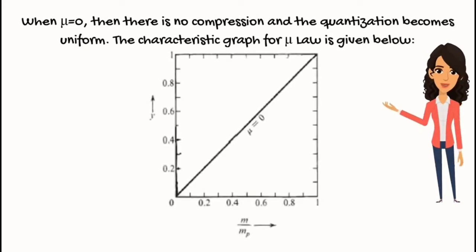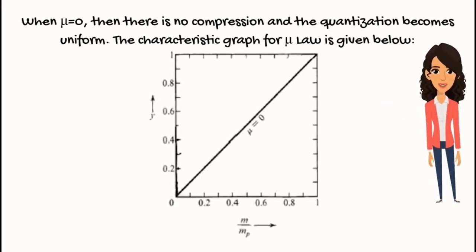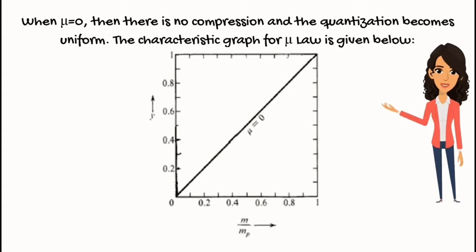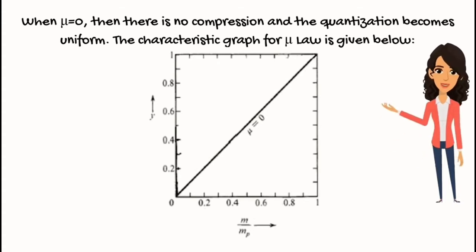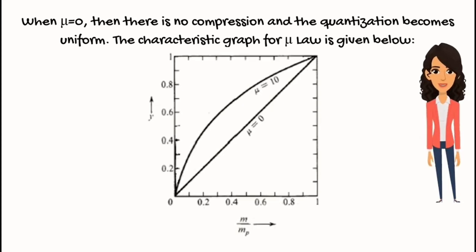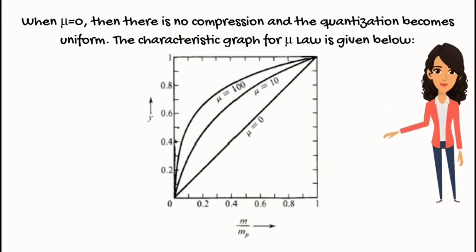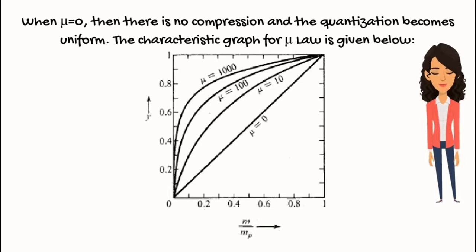When mu equals 0, then there is no compression and quantization becomes uniform. The characteristic graph for mu law is given below. This graph shows that if the compression parameter mu is high, then the input signal is more and more compressed.